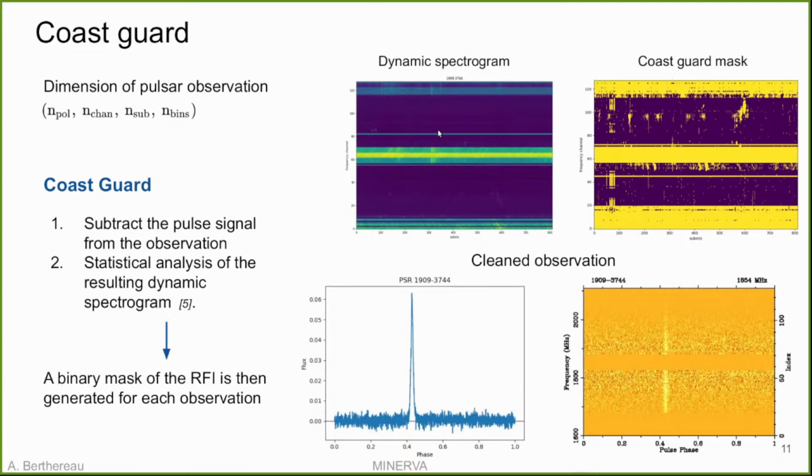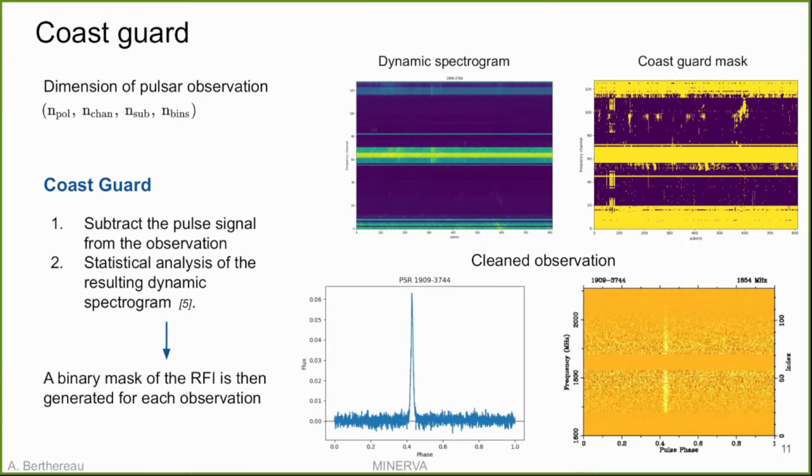And from this image, it will compute some statistical values such as the Fourier transformation, the median, the standard deviation, or even the median absolute deviation. And from these values, it will apply a threshold to determine if it's an RFI or not. So if you're above the threshold, you are considered as an RFI. And then it will create a binary mask of the RFI, and this for each observation.